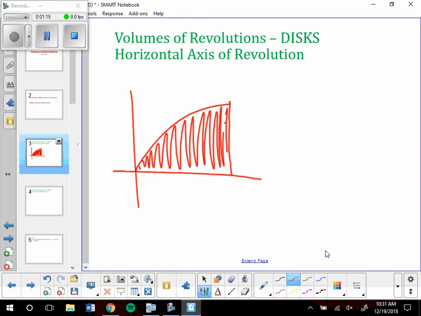What did we do with that area yesterday? How would you describe giving it depth? Yeah, we stacked shapes on top of it and made a solid.